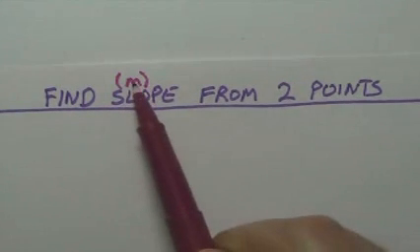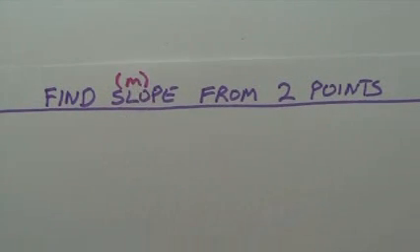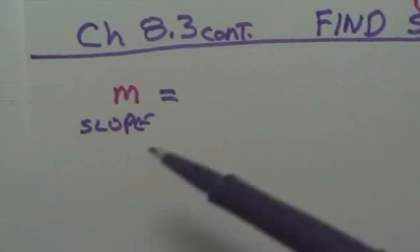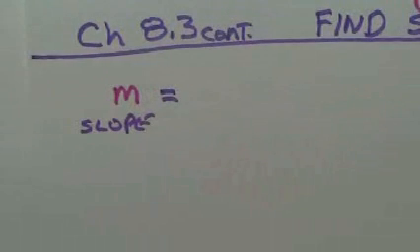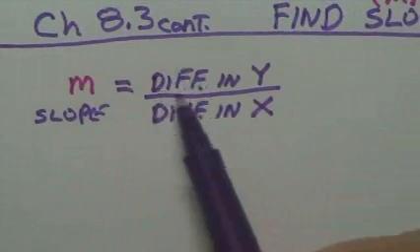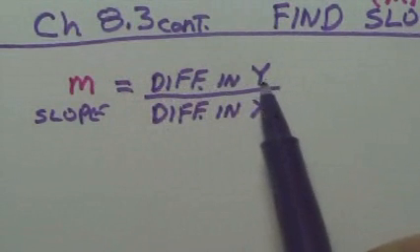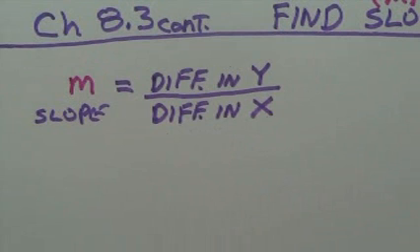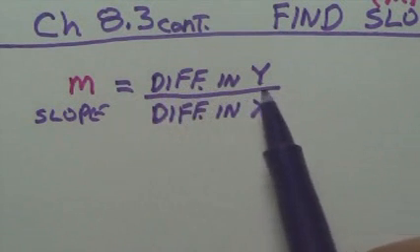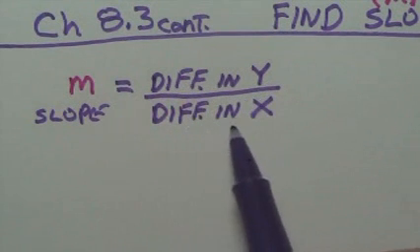The symbol we give for slope is the letter M. So M, that's our symbol for slope, is the difference in y divided by the difference in x.